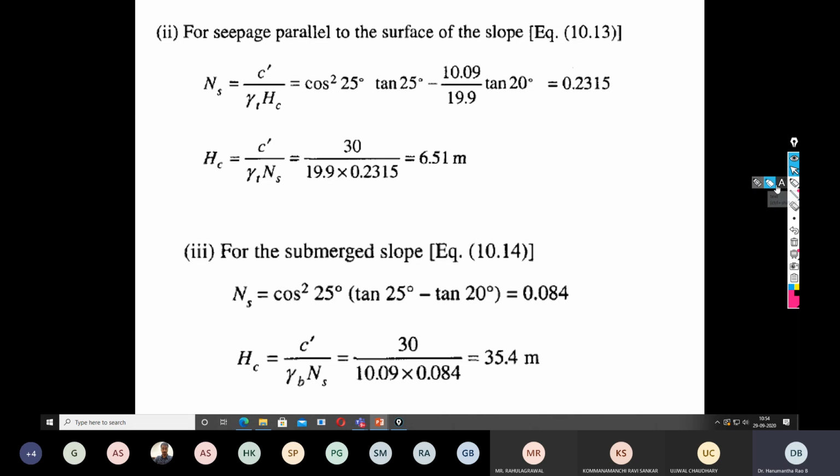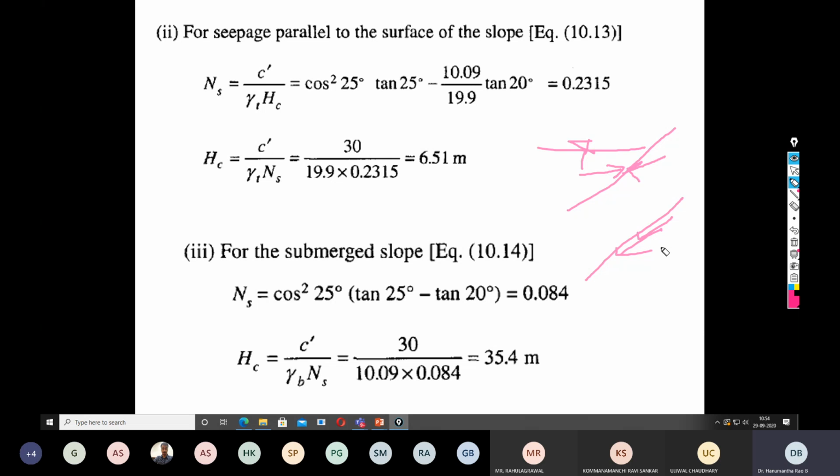If you draw a picture, say this is the slope, and this is the water level. When the slope is trying to move in this direction, the water is going to provide resistance in the opposite direction. This is under submerged condition. Suppose in seepage condition, this is the seepage direction and this is also the gravity direction.